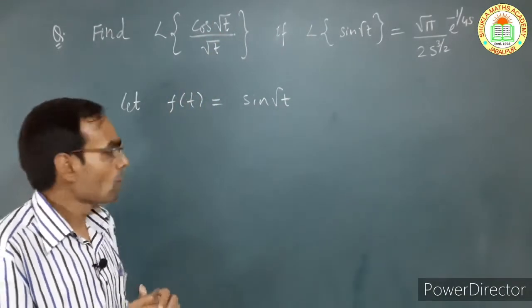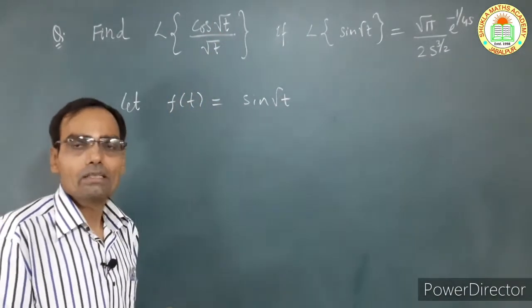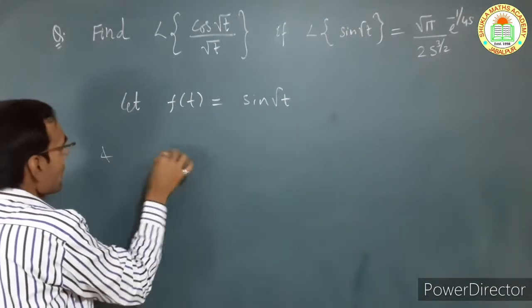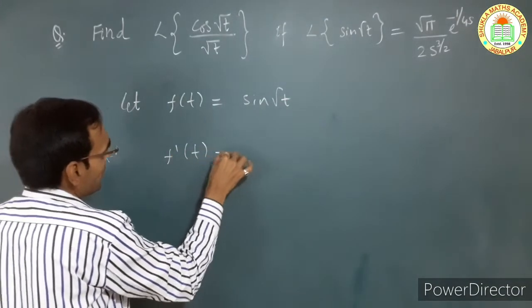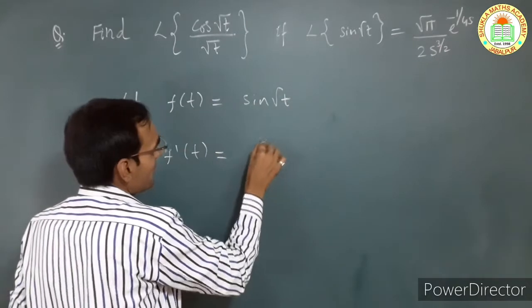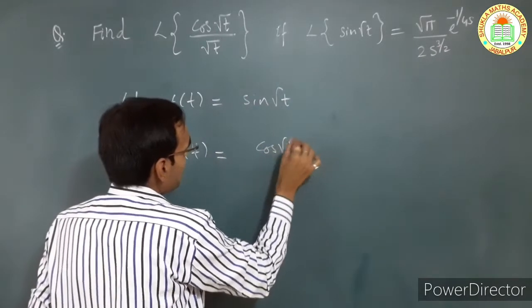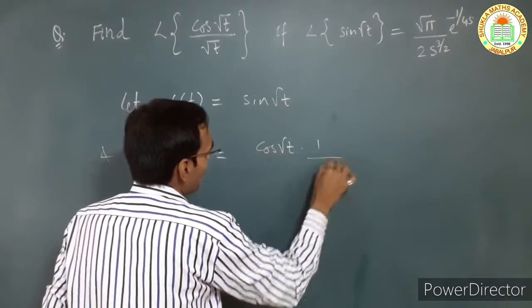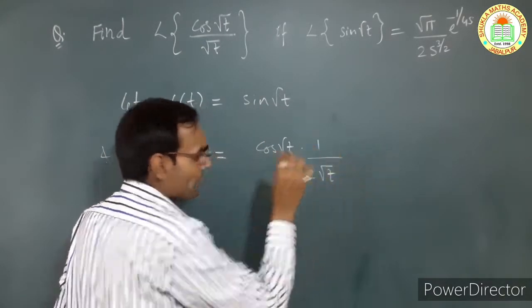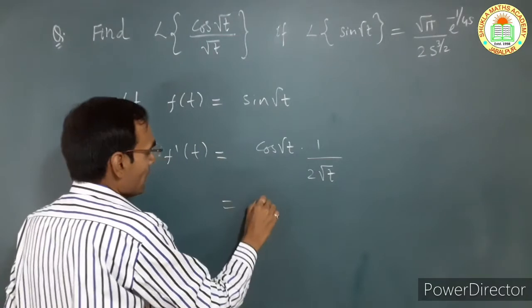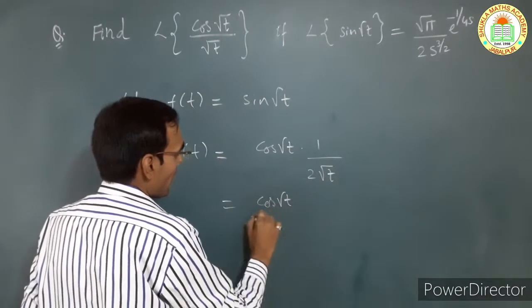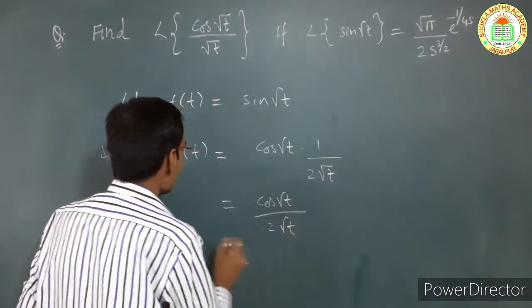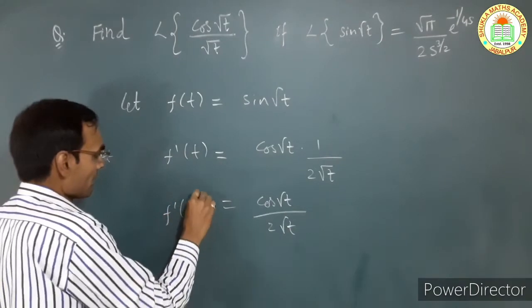So first we take f(t) as sin root t, and for f'(t) we get the derivative of sin root t, which is cos root t, and the derivative of root t is 1 upon 2 root t. We know that. So it becomes cos root t upon 2 root t, that is f'(t).